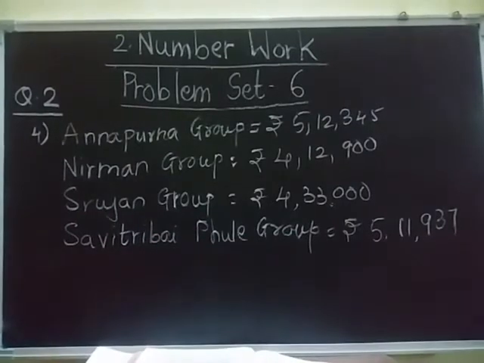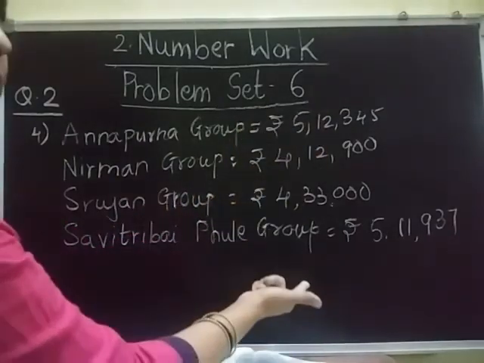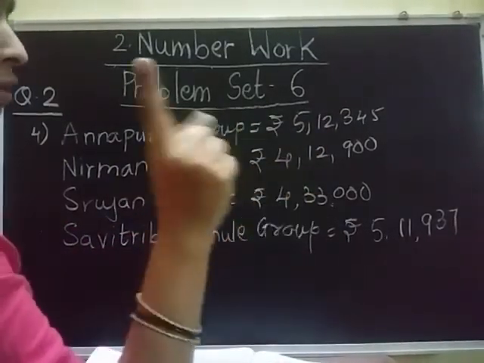So all the groups have the same digits. Now we'll see the first question. Which group had the largest sales and which group had the smallest? So our first question is the largest sale. How will we find out? All the digits are the same. So we will see the first digit.